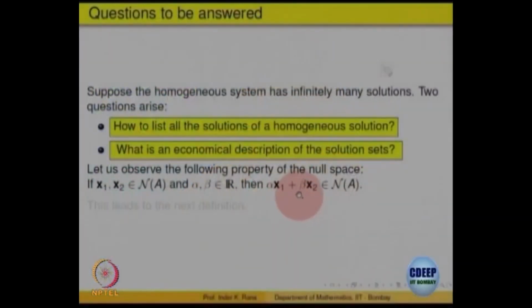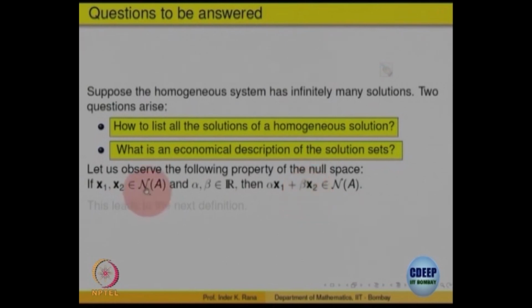A multiplied by alpha x1 plus beta x2 is the same as alpha times Ax1 plus beta times Ax2, by the distributive property of multiplication of matrices, right. But Ax1 is 0 and Ax2 is 0, so A applied to alpha x1 plus beta x2 is also equal to 0.